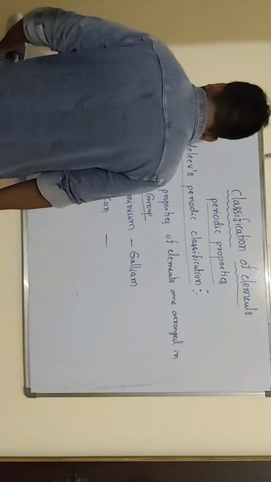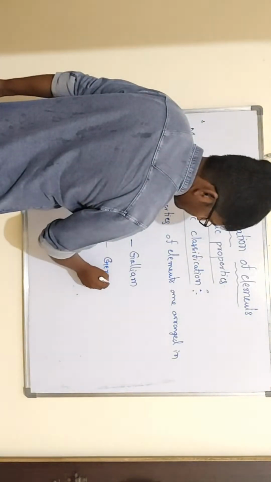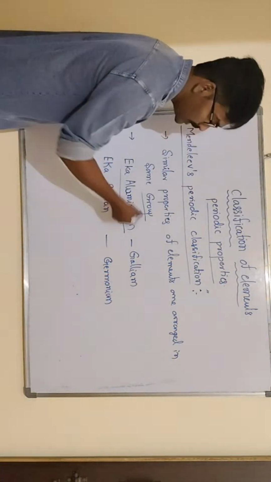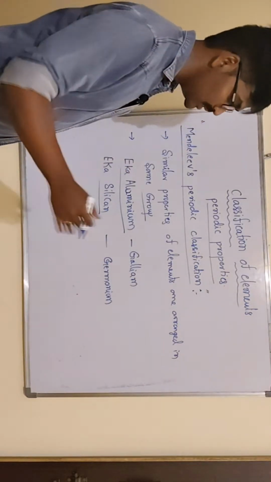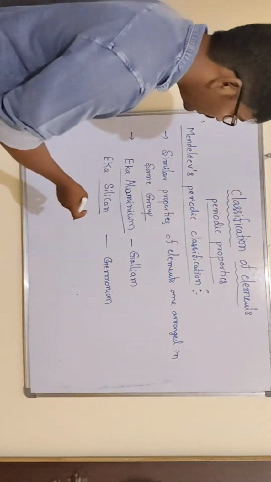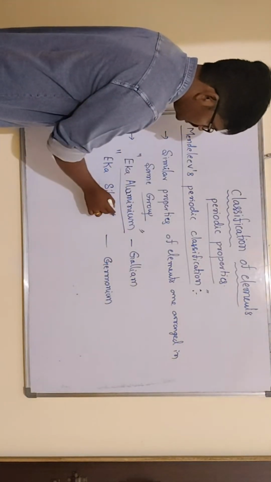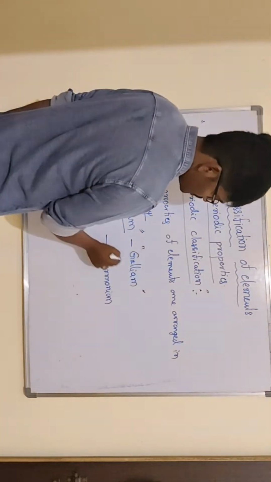Eka silicon is nothing but germanium. So aluminum and silicon, after which the elements were discovered in the same group. For these elements, they are given gaps in it.